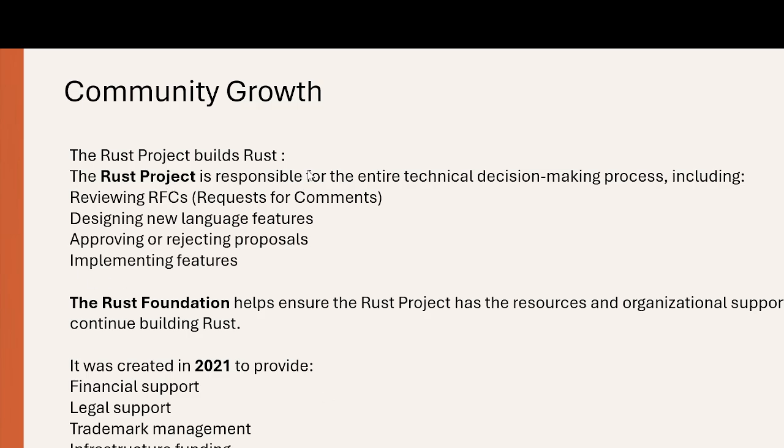The Rust project is responsible for technical decision making. If you want to add any feature to Rust, there is something called a request for comments, RFC. You can propose an RFC, and that undergoes peer reviews and strict reviews, and if it is accepted, the feature is implemented and released.